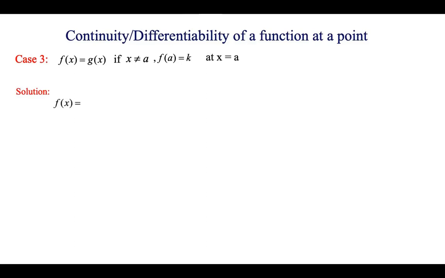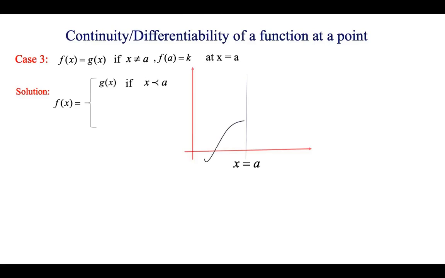So the solution: f of x is piecewise given like this. So x-axis, y-axis, at x equal to a. If x is less than a, means on the left side of a, the function is given by g of x. So its graph is like this. At x equal to a, which is not included in this piece. So this formula is y equal to g of x.